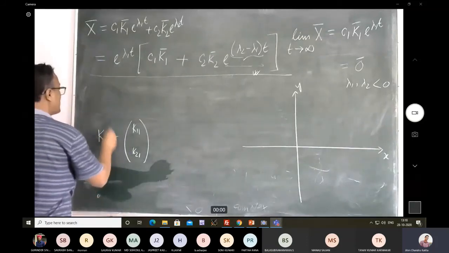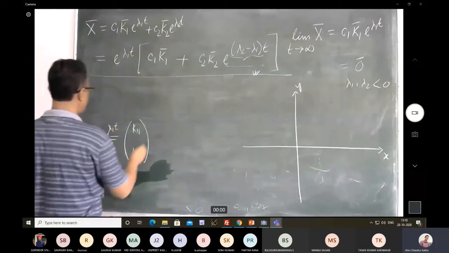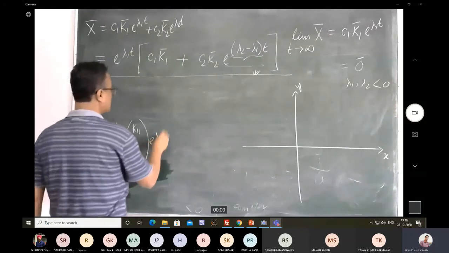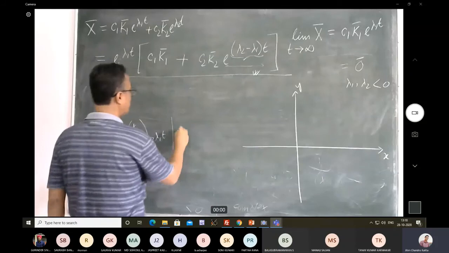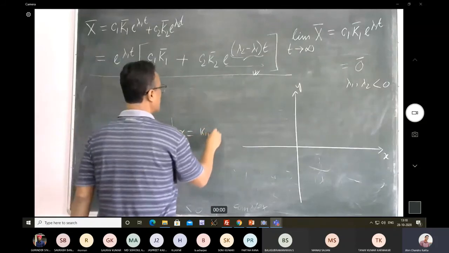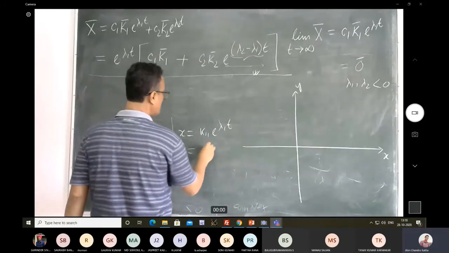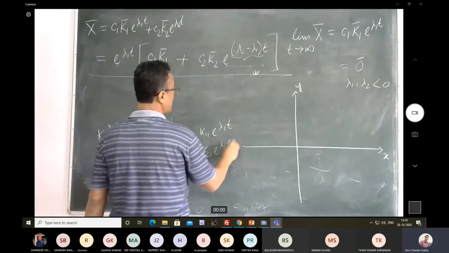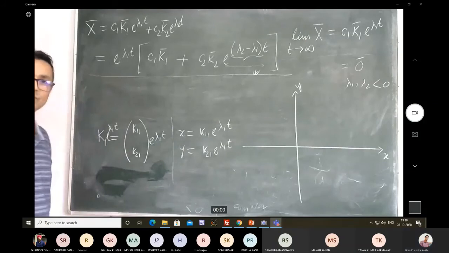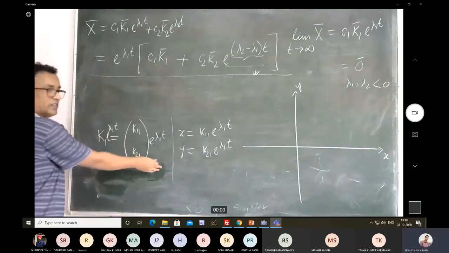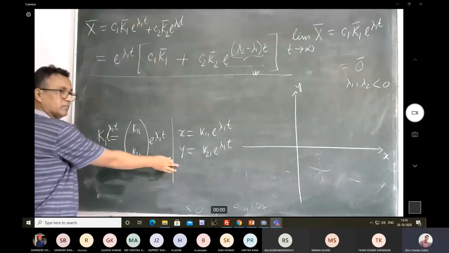Your k1 e to the power lambda 1 t is simply going to be this. So x equals k11 e to the power lambda 1 t and y equals k21 e to the power lambda 1 t. So far so good, right?